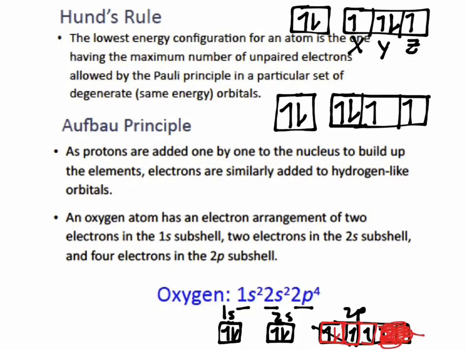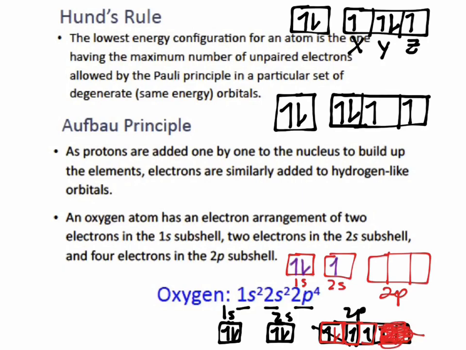Okay, so if I had 1s, 2s, and then 2p, and we did oxygen, 1, 2, 3, 4, 5, 6, 7, 8, that is a violation of the Aufbau principle because we didn't fill up all of s before we went to p.